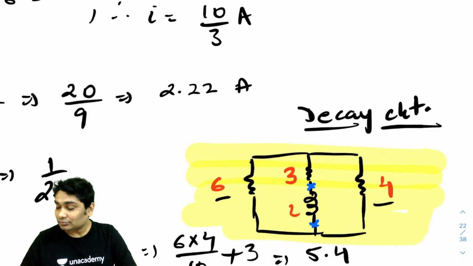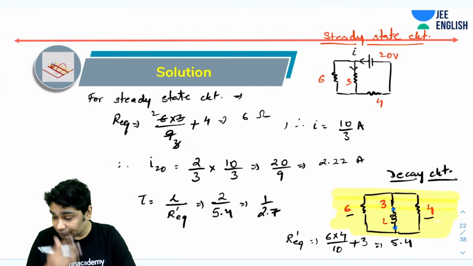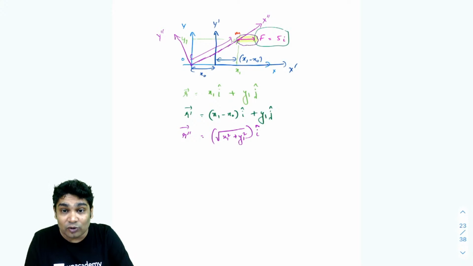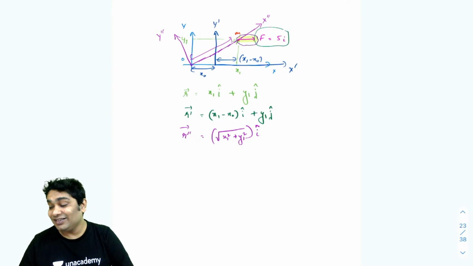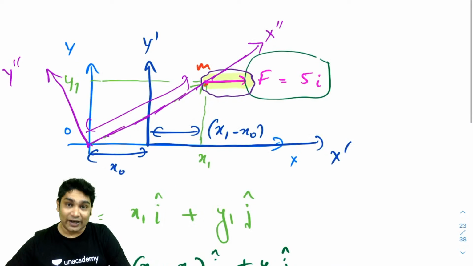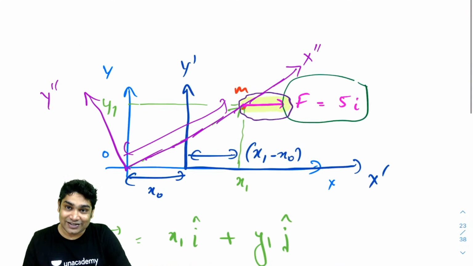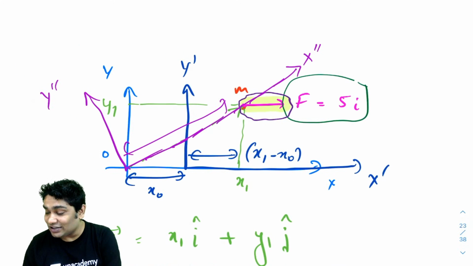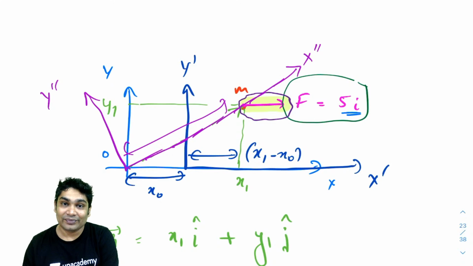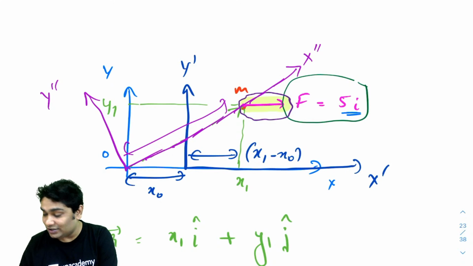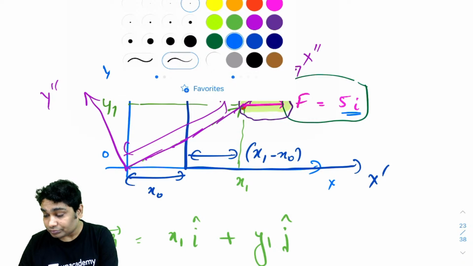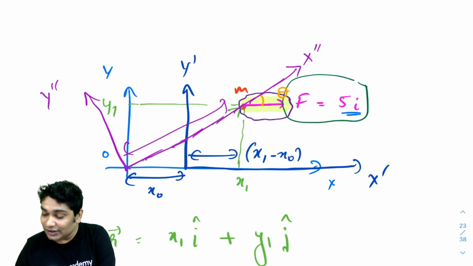Great. So yes, Smith was saying, sir, how do force components change? Okay, so you realize if I rotated my axis, then this was earlier in i cap. Now it will have two components. Let's imagine that this was theta. Then now this would be like this.